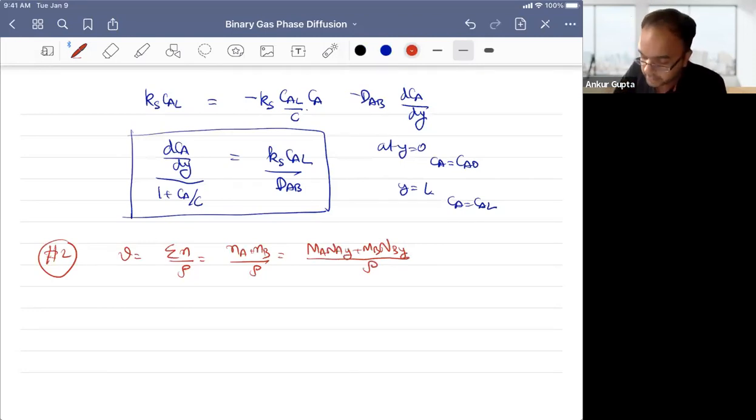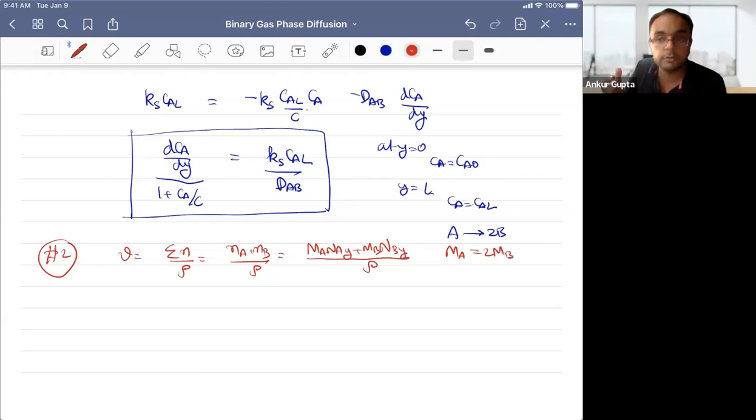Now please note that if A is going to 2B, then the molar masses also follow M_A equal to 2 M_B, because we simply have to conserve mass. Think of it like H2 goes to 2H: dihydrogen has twice the molecular mass of hydrogen.